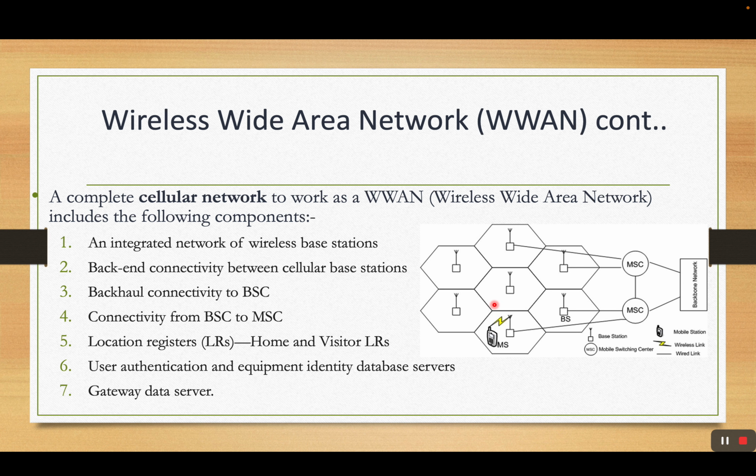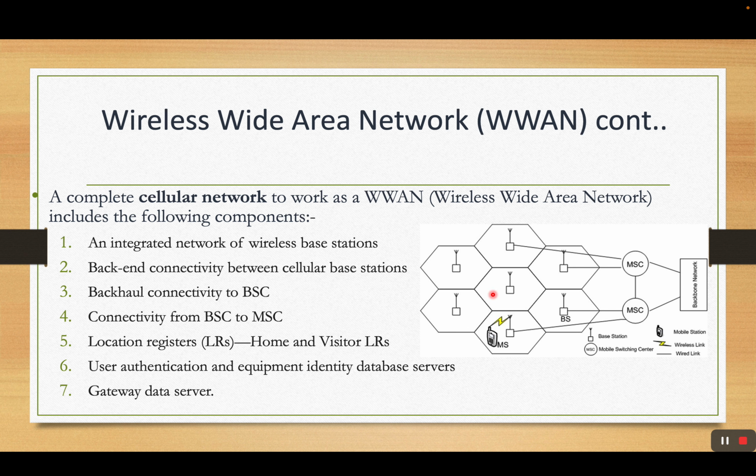Now, number four talks about connectivity from BSC to MSC. The MSC here in this picture is the main hub of the cellular network that manages the call routing and other network functions. The BSC basically communicates with the MSC to connect mobile devices to a wider network.